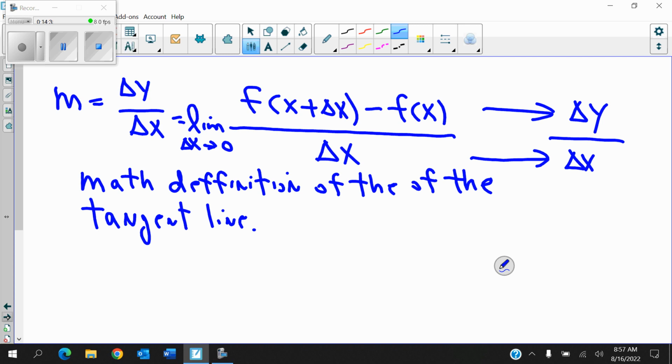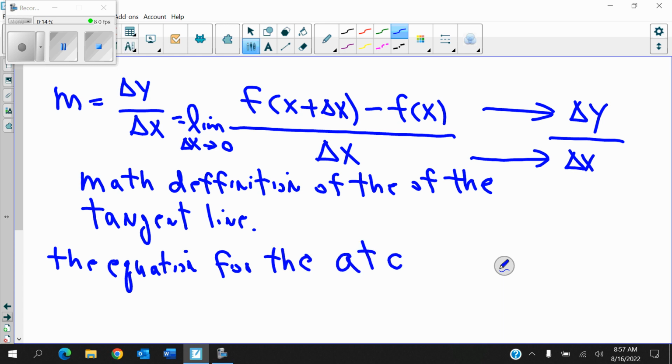This actually gives you the equation for the slope at any point. So if you want to know the slope of the tangent line at any point along the curve, you do this.